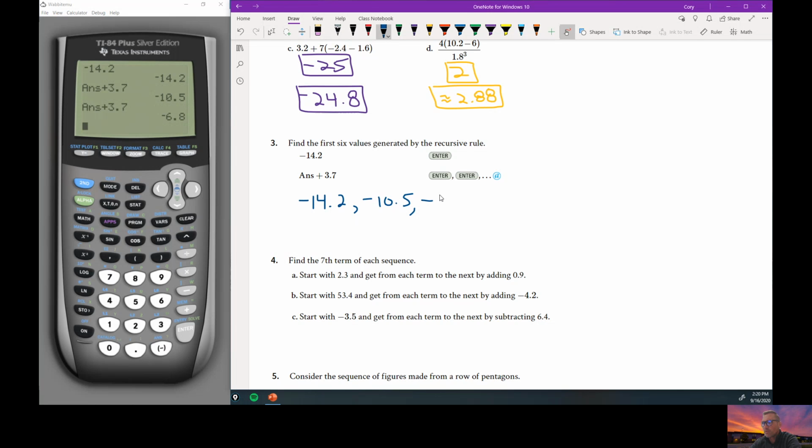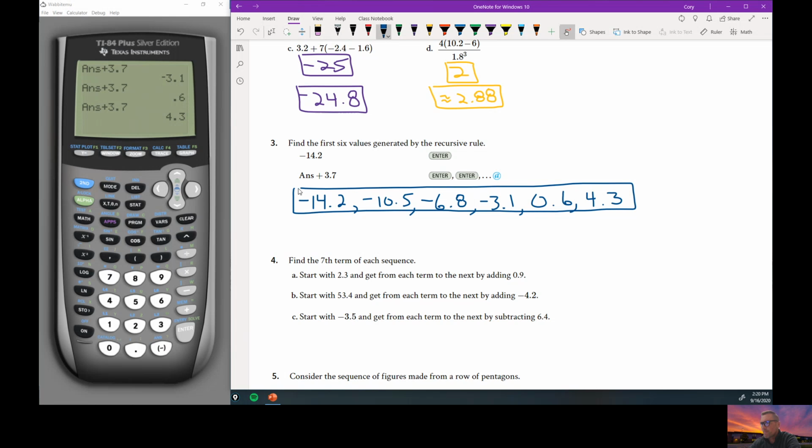And then negative 6.8. Negative 3.1. 0.6. And 4.3. There's our first 6 values. Negative 14.2 being the first.